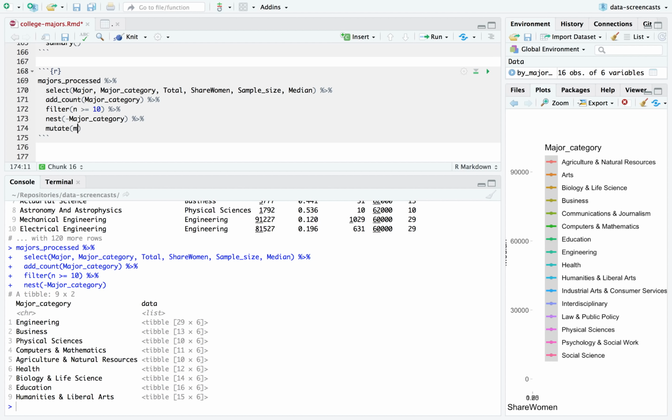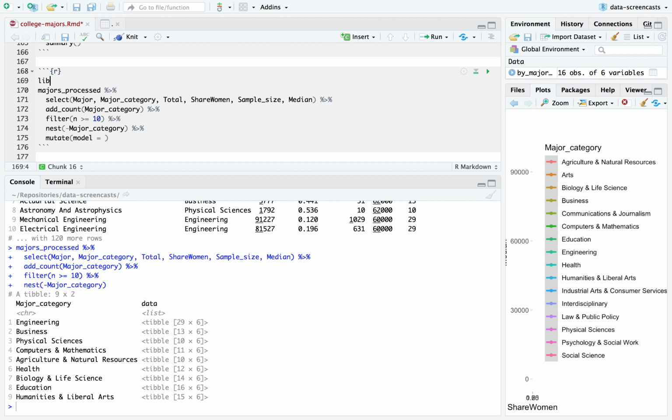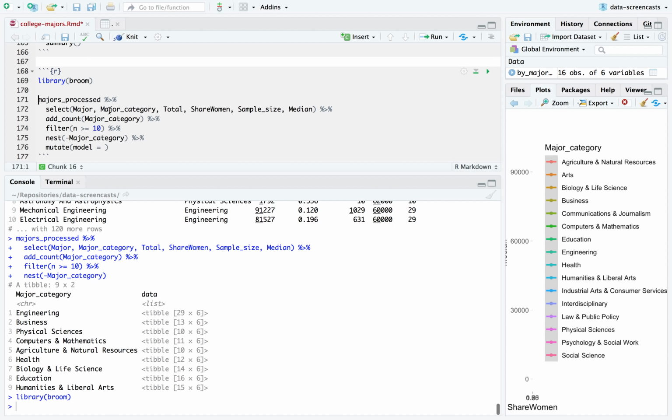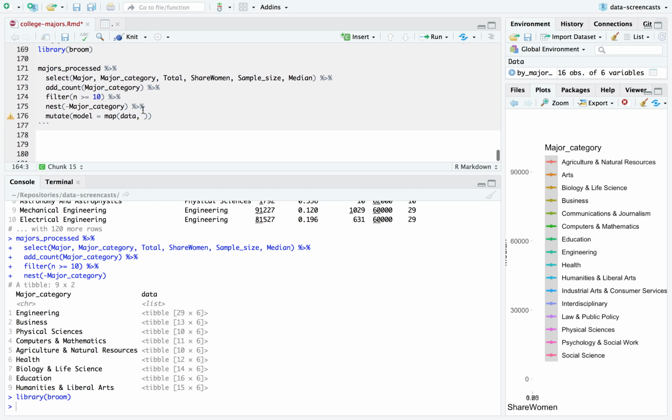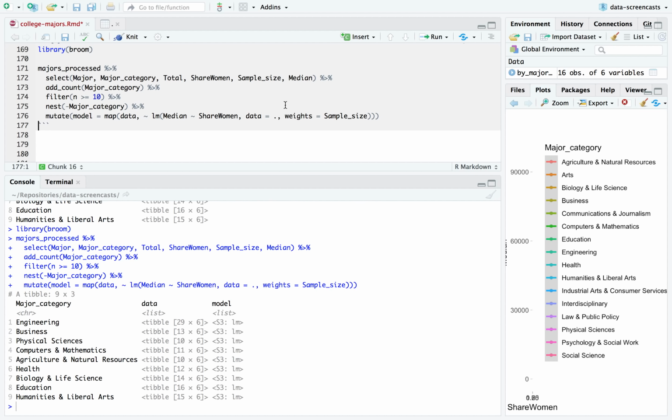And what I'm doing is I'm going to say library broom. Broom is my own package for tidying model outputs. I'm going to say the model is, for every data, we want to find, we're going to apply this within every single major category. We're going to say median explained by share women on this data with these weights.